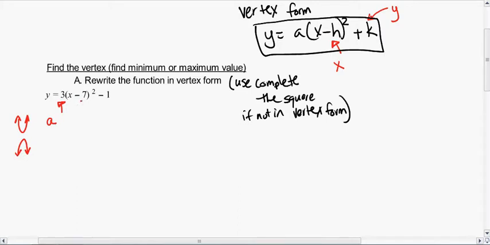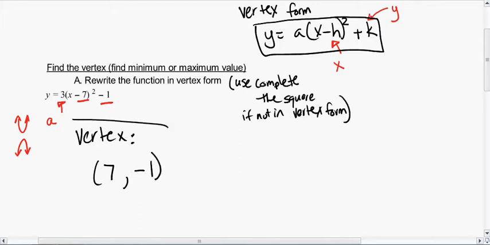What we're interested in is the subtracting 7 and the subtracting 1. So our vertex is located at 7. Remember, if it's inside parentheses, you're writing down the opposite sign, -1. Easy peasy. 7, -1 is where that graph is located.